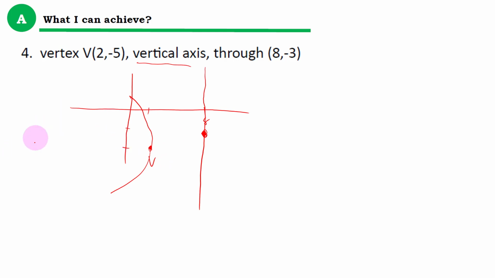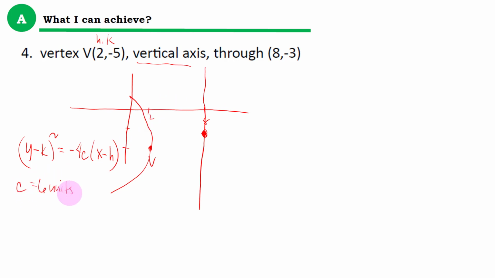And if the directrix is here, our opening is to the left. Since our format is h, k and opens to the left, it will be y minus k quantity squared equals negative 4c times x minus h. What is our c? How far is it from 2 to 8? That gives us our focal length c. That is 6 units away.